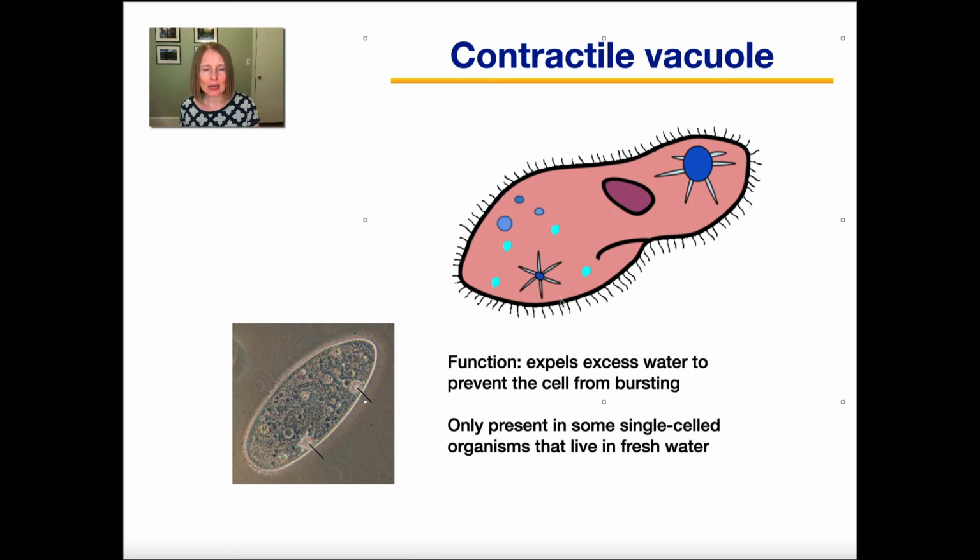This contractile vacuole is only present in some single-celled organisms that live in fresh water, such as this microscope picture of a paramecium. Paramecia live in ponds and lakes, and water is constantly flowing into them. If they had no way of getting rid of that water, they would swell up and burst. So the contractile vacuole prevents them from bursting.